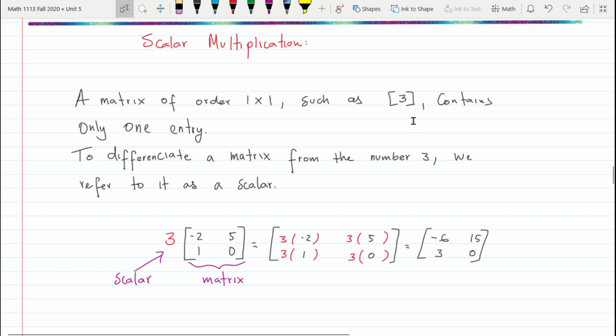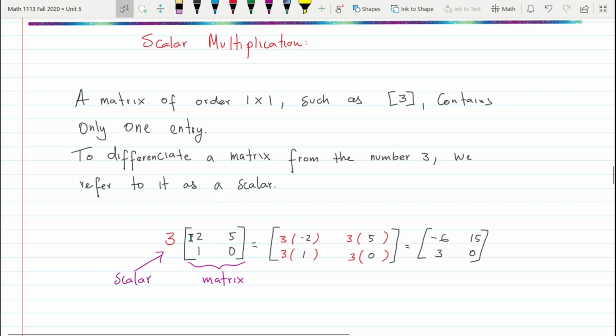Okay? So how do we do scalar multiplication? Well, it's pretty straightforward. Remember that each row is almost like its own equation. So when you do scalar multiplication, all you're doing is distributing or enlarging that matrix by this factor. That number outside is known as the scalar, and of course this right here is the matrix.